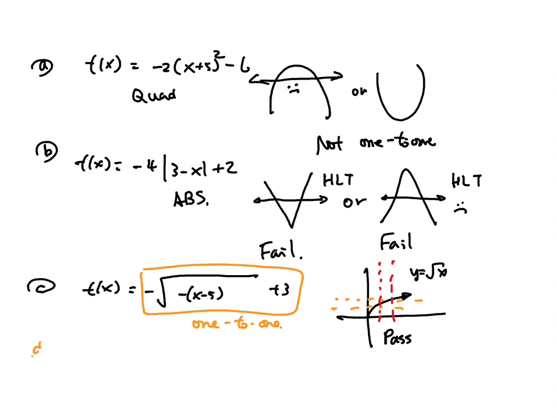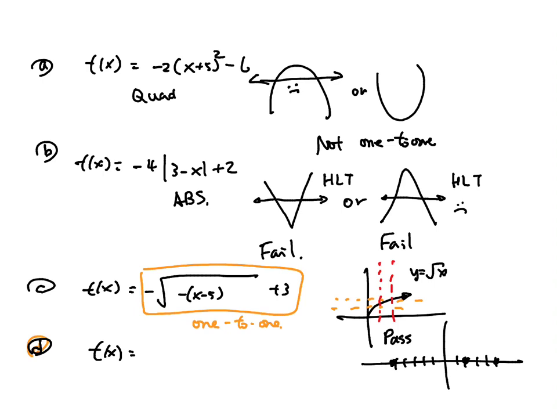Part D. If you graph this, or if you try to solve it, either way, you'll realize that it crosses the x-axis at 2, 5, and negative 5.